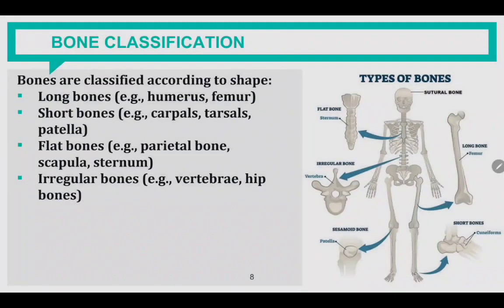Bones are classified according to shape. For example, you have long bones, like the humerus and femur, short bones, flat bones, and irregular bones. Please be familiar with the different types of bones in your body. I know you're all aware of this from your anatomy class, but you need to review. Let's move on to the next slide.